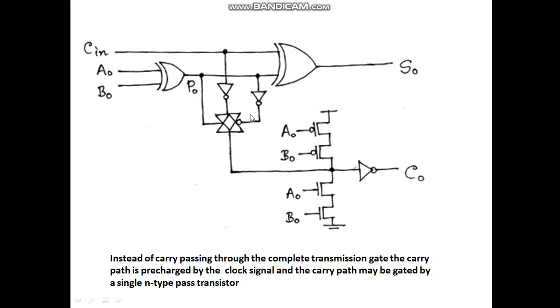When P0 is 0, this transmission gate gets enabled. Okay. So output depends upon this PMOS as well as NMOS. For this condition to occur, your inputs A and B should be same.